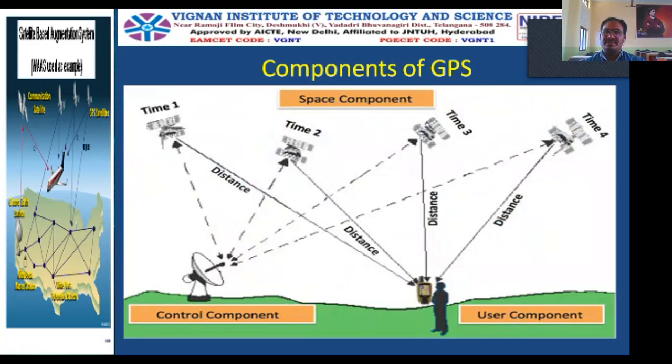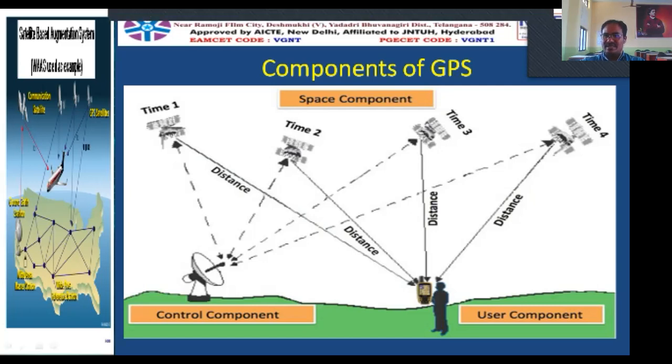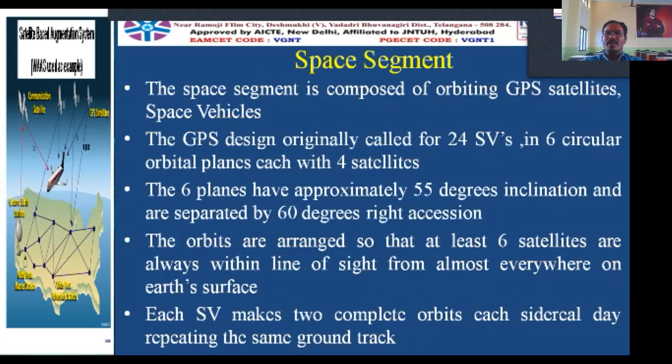The difference between receiving time and transmission time gives the time of travel, which gives us the distance of the user from each satellite. We'll use the trilateration technique to know the exact location of the user, which we'll learn in the near future.